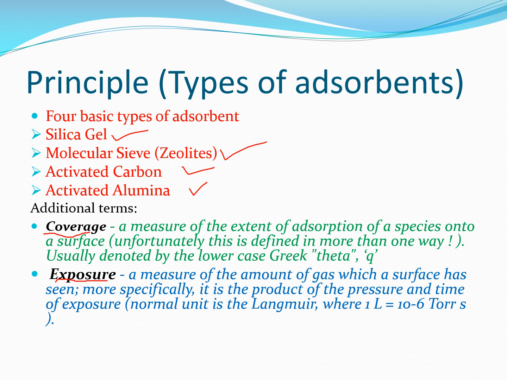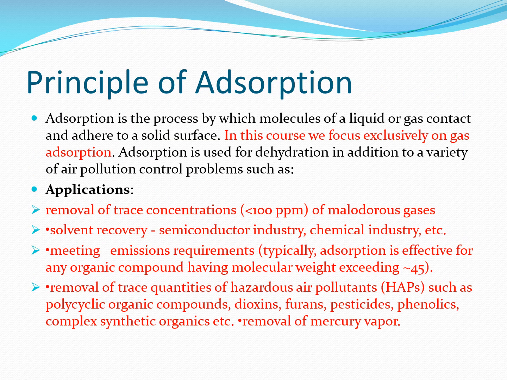And exposure means a measure of the amount of gas which a surface has seen. More specifically, it is a product of pressure and time of the exposure. Normal unit is the Langmuir, where 1 L is equal to 10 to the minus 6 torr second.